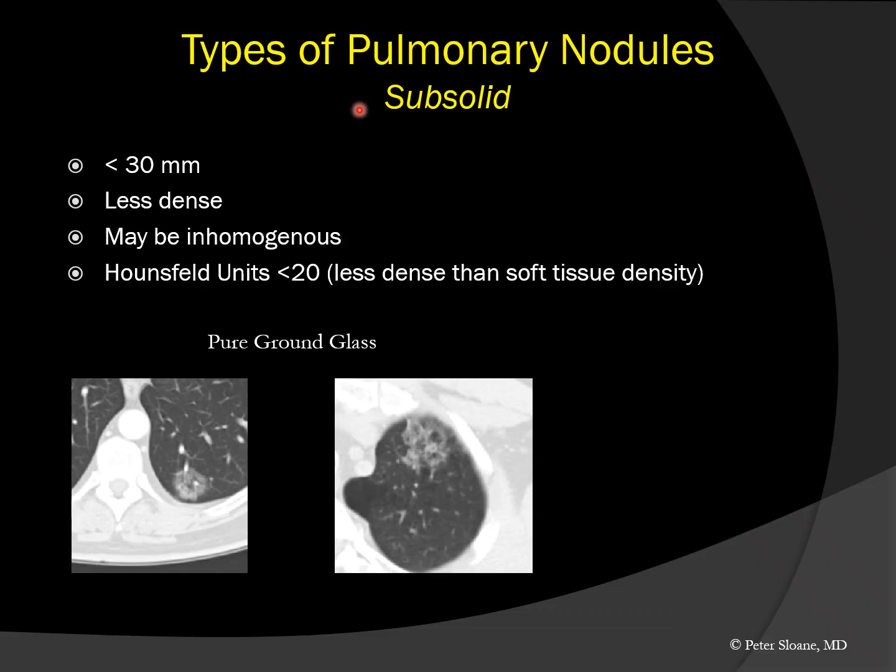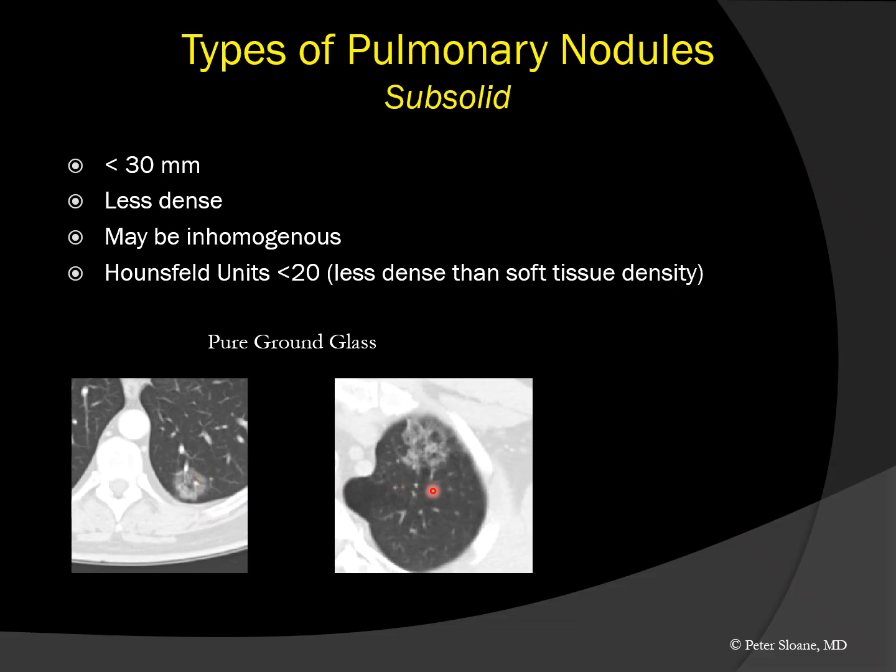Now we're going to talk about some of these subsolid nodules. They're also less than 30 millimeters because they're a nodule. They're less dense than a solid nodule, so their Hounsfield units might be under 20. They could be inhomogeneous. There are brighter areas of white, less dense areas, entire areas that are just lung density. This is the exact one I had shown you in my case report.